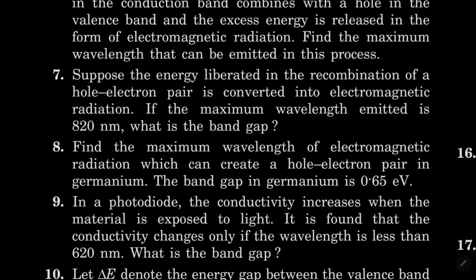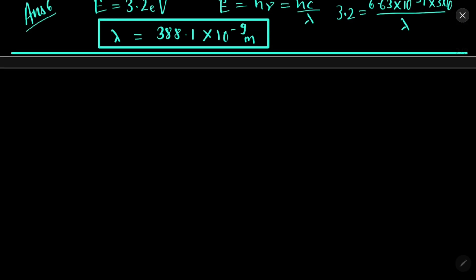In question 7, suppose the energy liberated in recombination of a hole electron pair is converted into EM wave or EM radiation. If the maximum wavelength emitted is 820 nanometer, what is the band gap? So like the previous question, E equals hc over lambda.